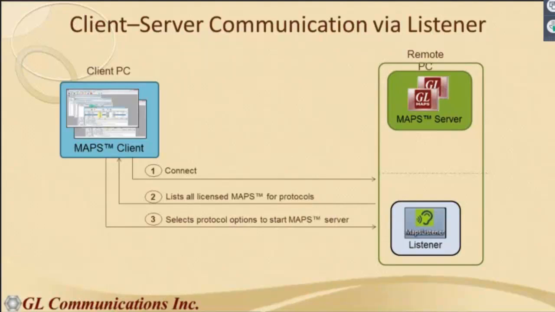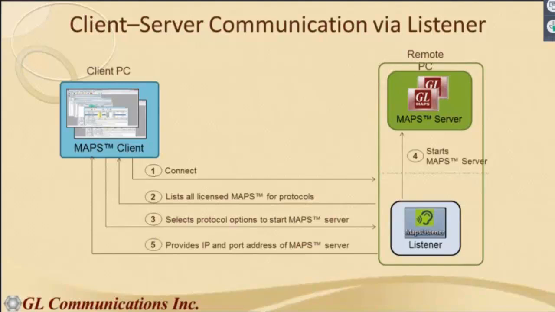Once the client PC gets all the installed products, the user has the flexibility to select which protocol he wants to work on, because a server can have multiple protocols installed. The user selects the protocol and tries to start the MAPS server. Once the user selects and starts it, the listener will try to invoke the MAPS core, which means it is trying to start the MAPS application.